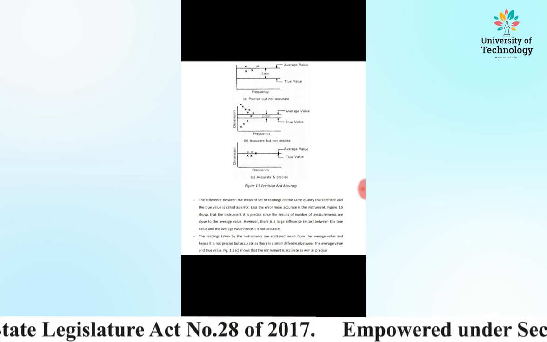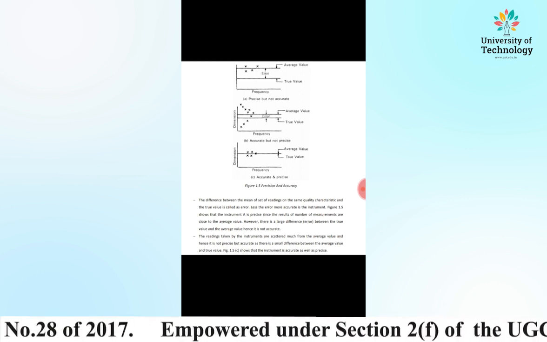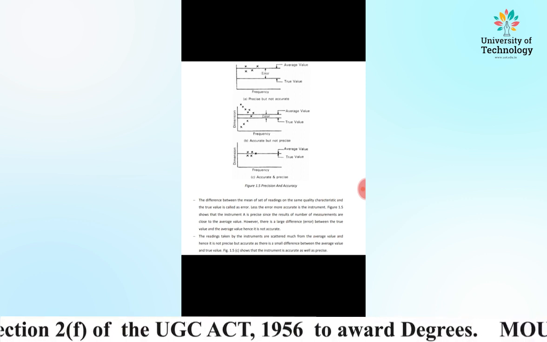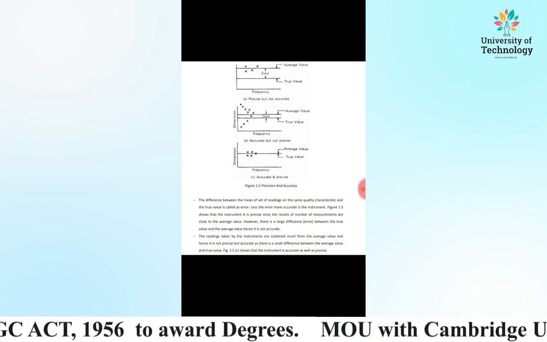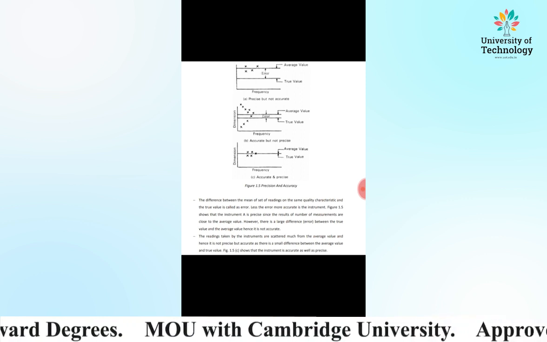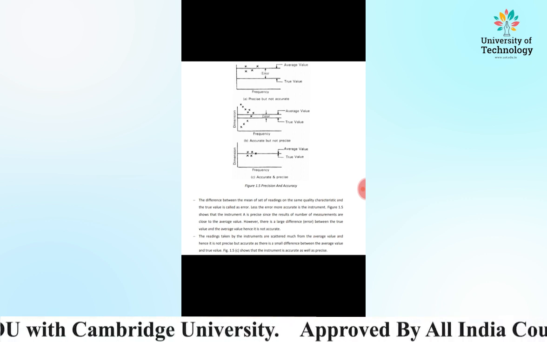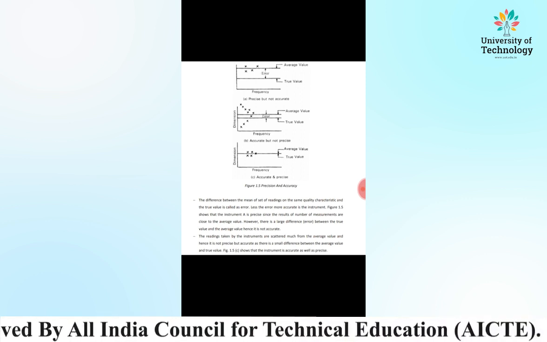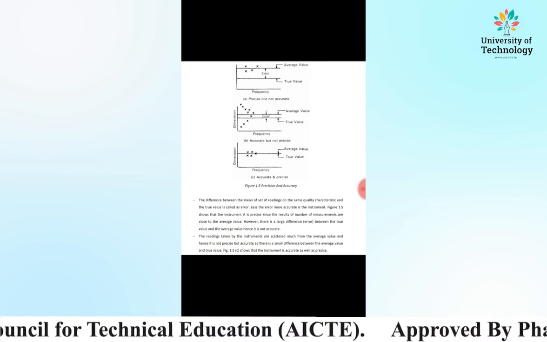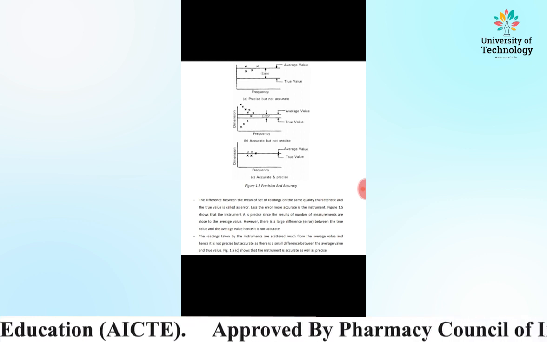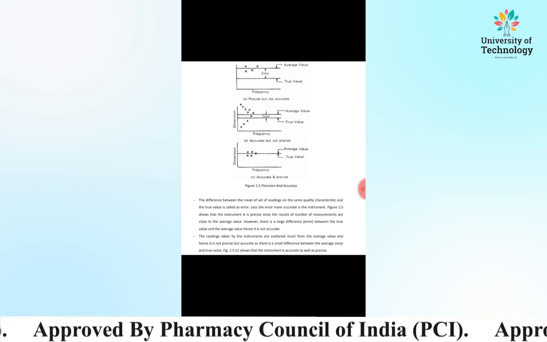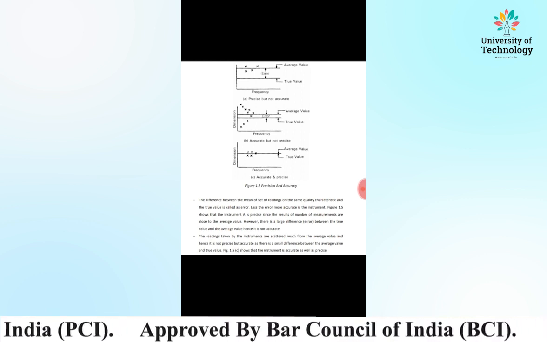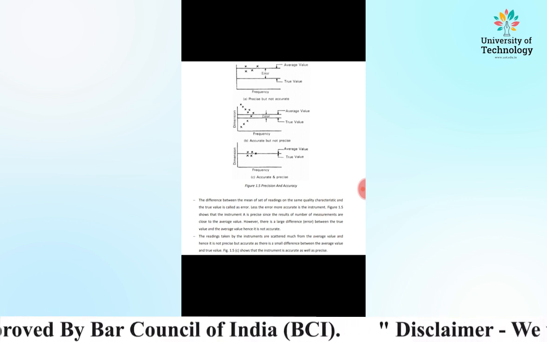In the first diagram, this shows a precise value and not an accurate value, meaning the difference between the true value and the average value is very high, and the whole measured value lies around the average value. That is clear: the value is precise but not accurate.